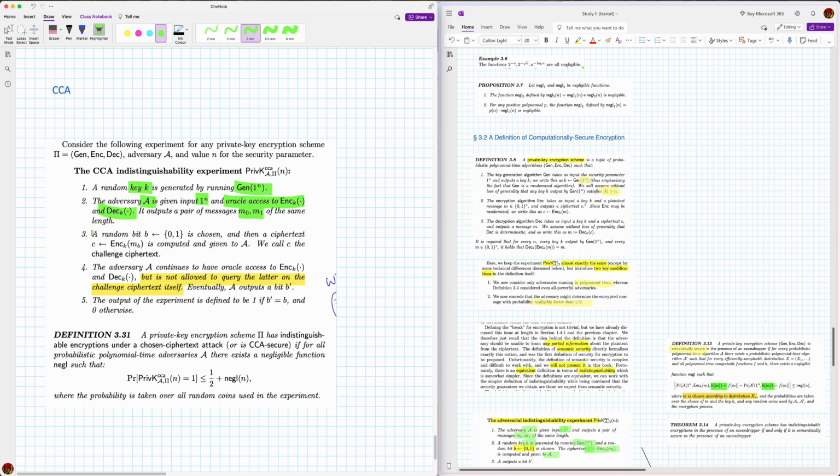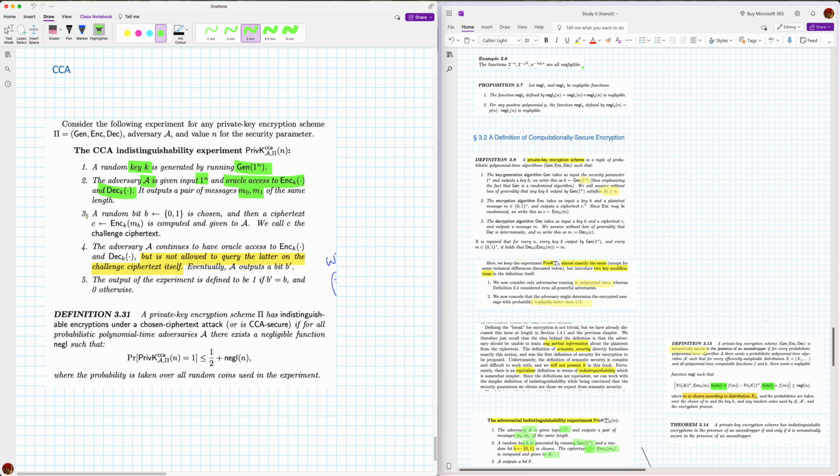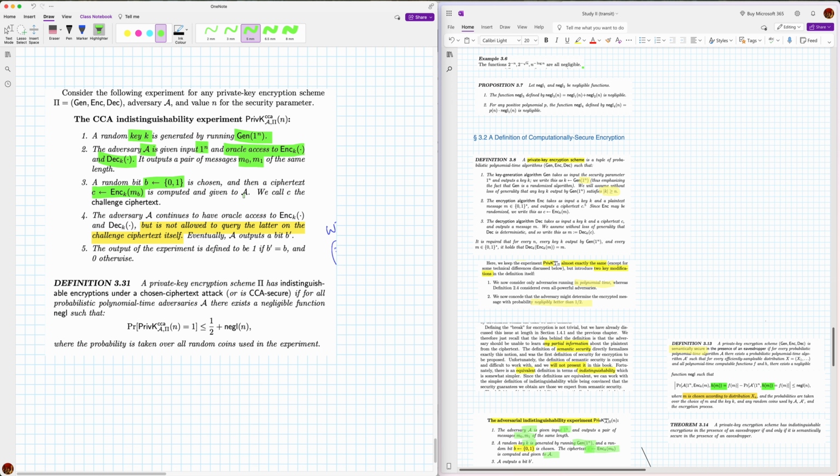The adversary is free to run however many invocations of Enc and Dec to produce the messages M0, M1, which are sent to the challenger. The challenger chooses a bit b uniformly at random and encrypts the bth message to obtain the challenge ciphertext C, and sends it back to the adversary.